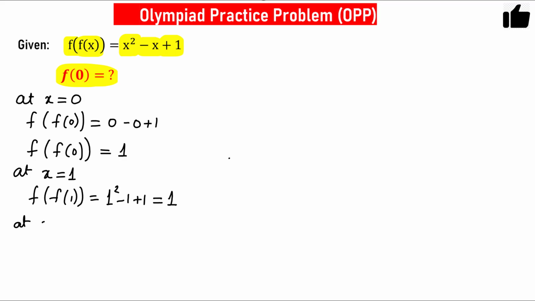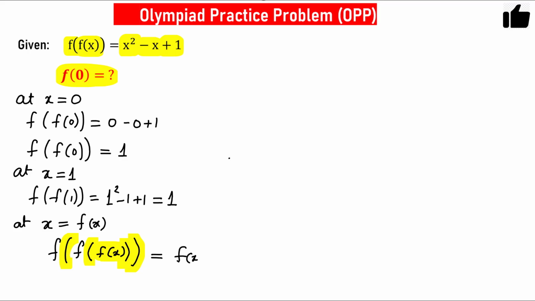Now last, let us calculate at x equals f(x). So you have f, and then another f, and inside it you have f(x). At the place of x, I have to plug in f(x).